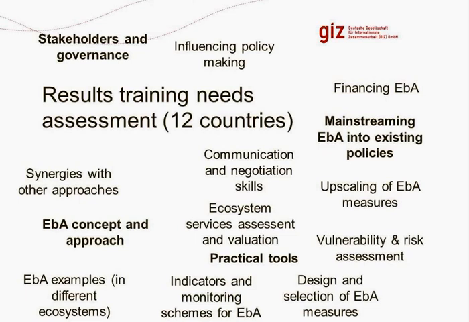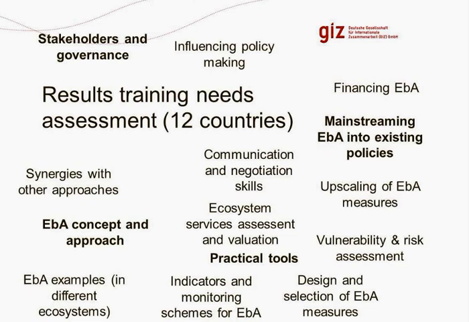Another category is stakeholders and governance, like the whole issue of understanding what makes people behave the way they do, what kind of institutions we need for EBA, and how we can influence policy making. And finally, according also to the focus of the global project, mainstreaming EBA into existing policies.